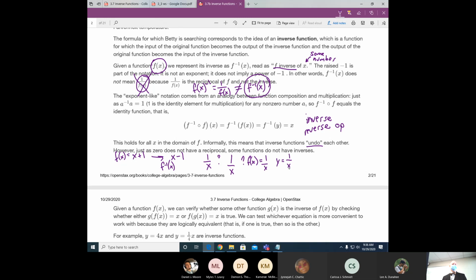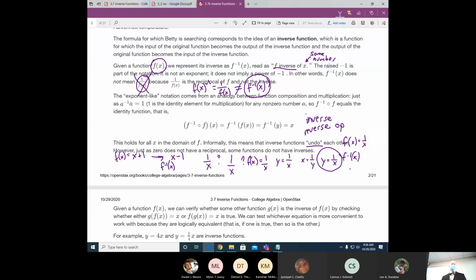Solve for x. Can you see how I multiply by x and divide by y? I get x equals 1 over y. Interchange x and y. y equals 1 over x. This is my inverse, f inverse of x when f was 1 over x.